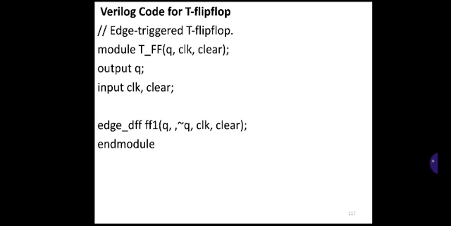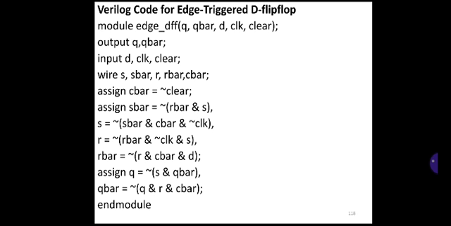So end the module. Now finally we are going to write the Verilog code for edge triggered D flip-flop using data flow modeling. So for edge triggered D flip-flop, module edge D flip-flop, the list of inputs and outputs are Q, Q bar, D, clock and clear.